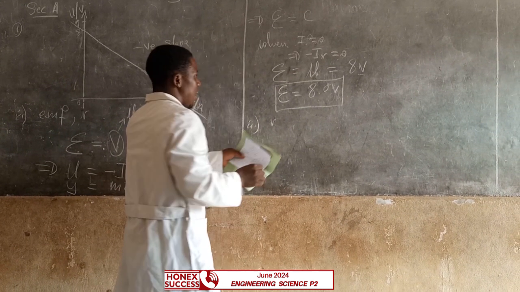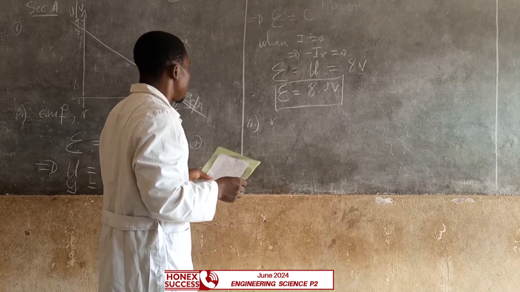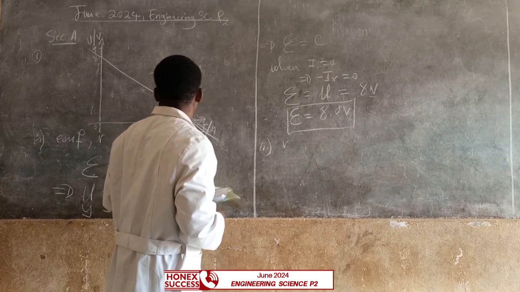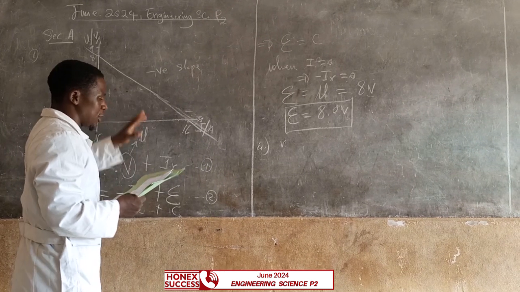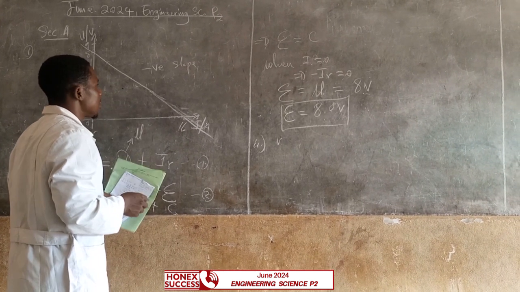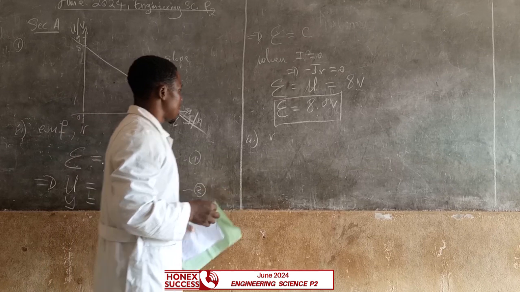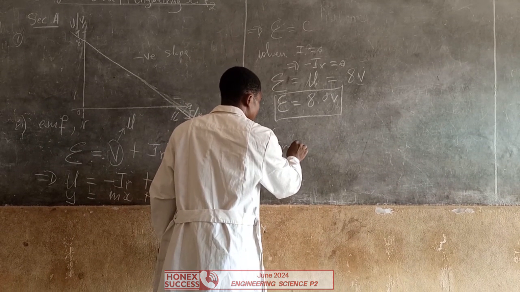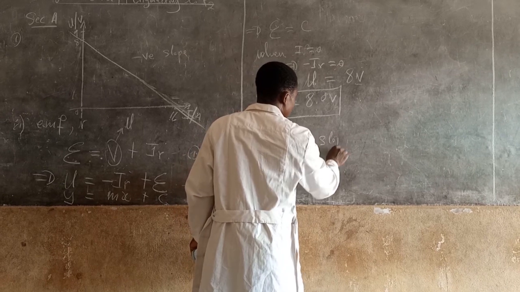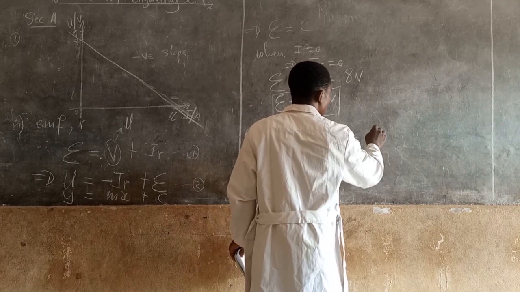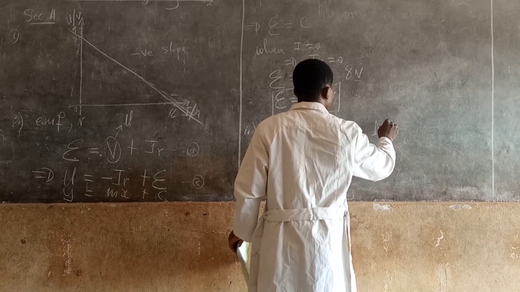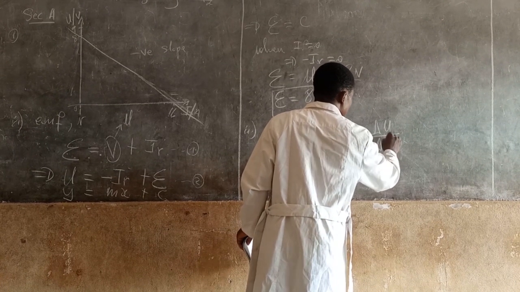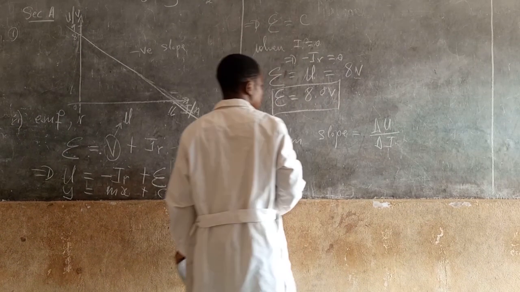Then we go to the next value that is asked, the internal resistance. We can use the graph to get it. From the formula, the slope is equal to the change in the terminal voltage over the change in the current.